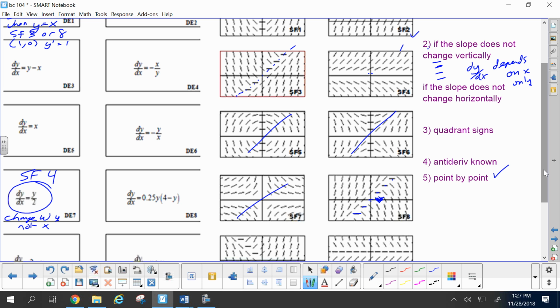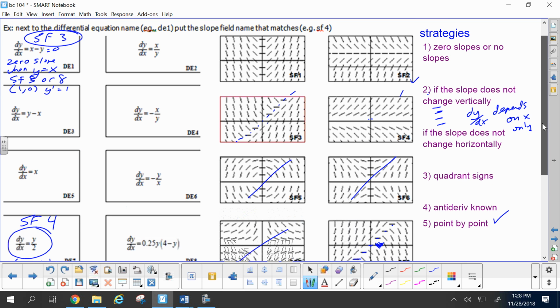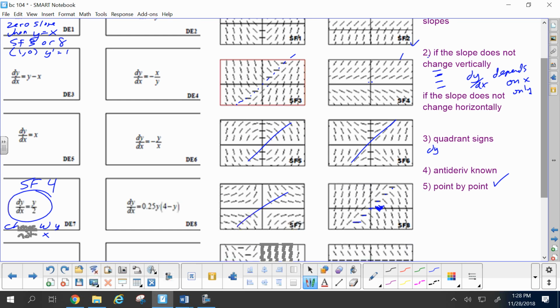Next, let's go to 3, quadrant signs. For example, if I looked at that differential equation 2, it is x over y. This is handy when the slopes are changing all over the place, x and y, okay? What are the signs of the slope? If that's the differential equation, what are the slope signs in the first quadrant? Positive, right? In the second quadrant, you'd have negative x's, positive y's. What's the slope's sign?